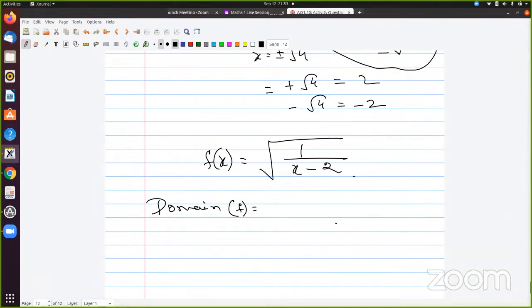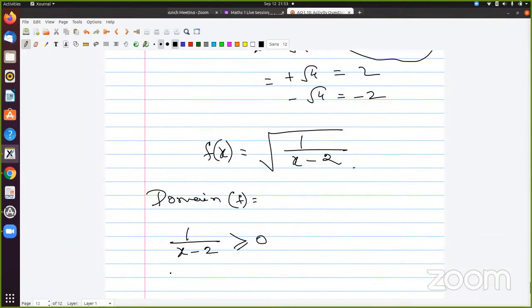Plus or minus 2. Okay, first of all, how will you approach this type of problem? You have a square root, right? So inside the square root, whatever it is, it should be greater than or equal to 0. That is the first thing you should consider.